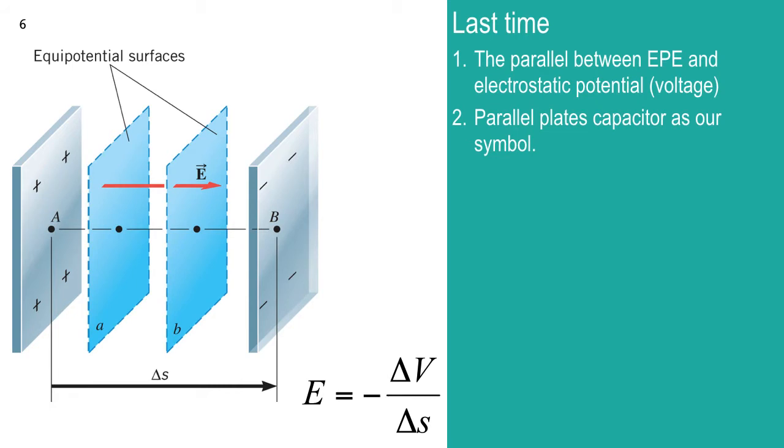Now, in parallel plates, it's a little different. Your equipotential surfaces are not spheres because it's not a point charge. It's a flat array. And we talked about the uniform distribution of charge and the fact that the field lines were straight across. They don't tip upwards, they don't tip downwards, except maybe at the edges of your plates. In the last millimeter or two of your parallel plates, you might get a little bit of non-uniform electric field.